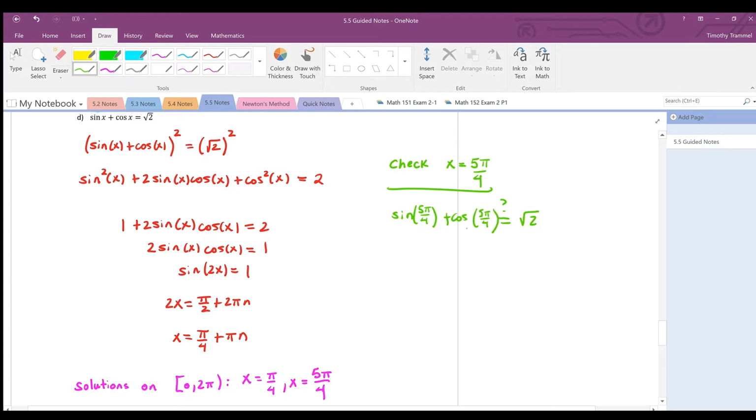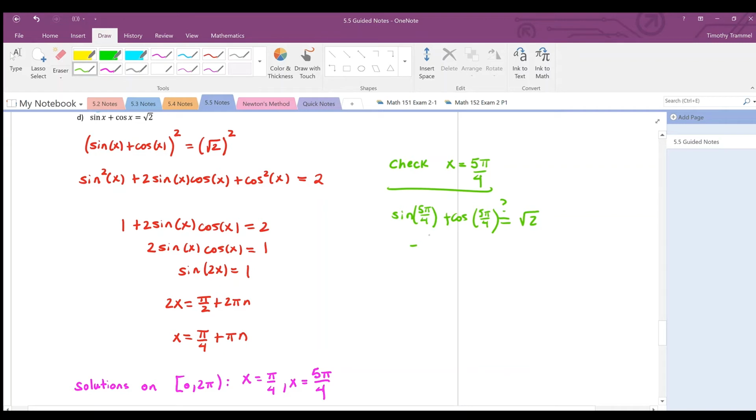We want to know, does this equal the square root of 2? So sine of 5 pi over 4: this is all the way in quadrant 3, which means sine and cosine are both negative.